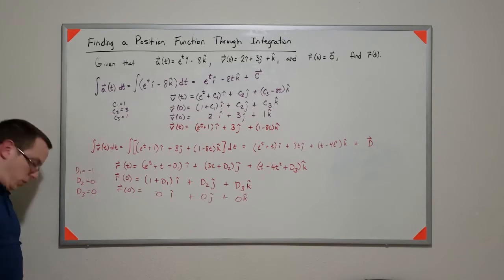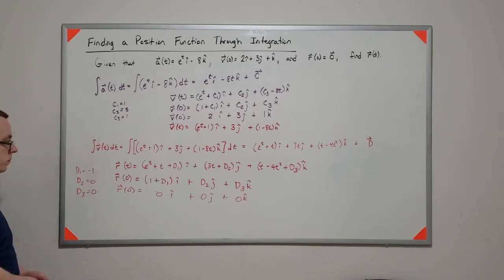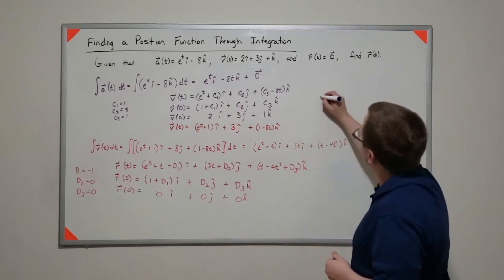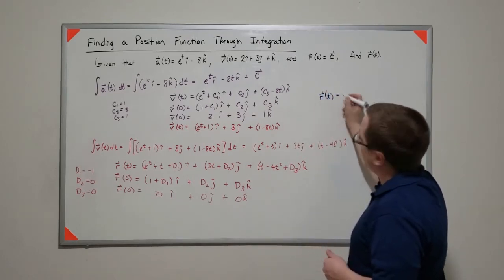So then if we're going to put that all together, we take this function and these constant values to write out our r(t).